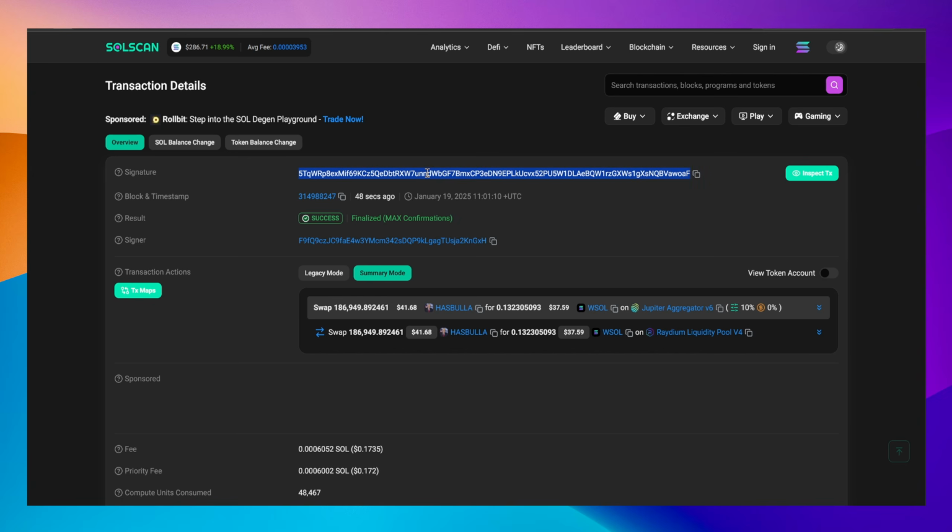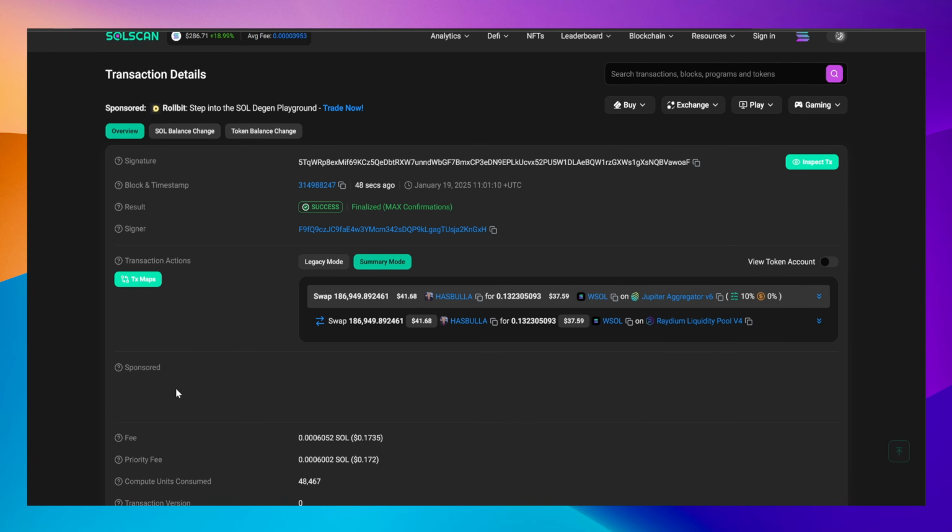The signature, which is this long string, keep in mind that this is unique for each transaction. The block, the timestamp, which is when the transaction happened in UTC, the result, if it was successful or not, the signer, which means the wallet who performed this action, transaction actions, which in this case, we can see that this wallet swapped $41 worth of this Hasbulla token for Solana on Jupiter, sponsored, which is empty.